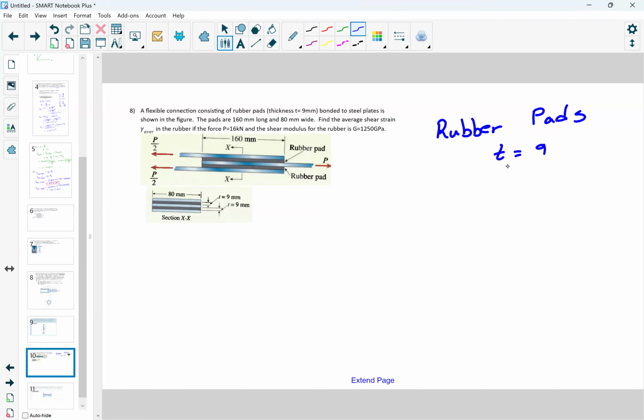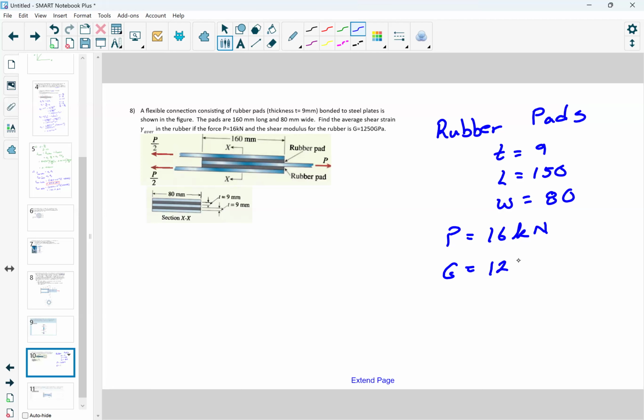My length is 160, and my width is going to be 80. All right, and then we're given 2 other pieces of information. The average shear strain, gamma, well, that's what we're finding. And we're told our force is going to be 16 kilonewtons, and we're given G, right?